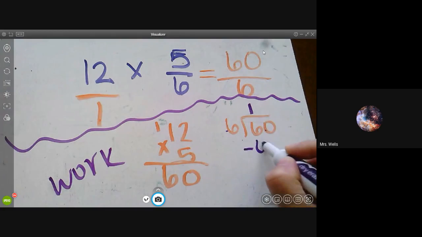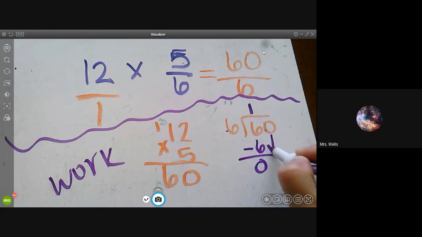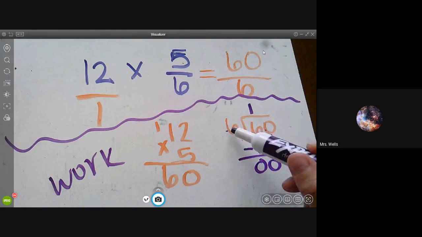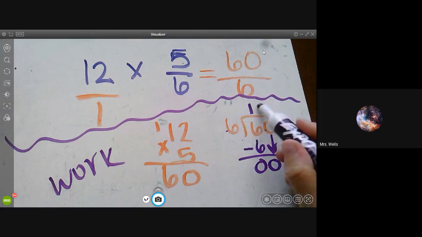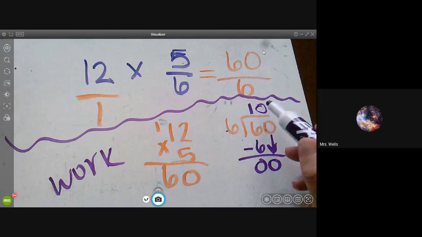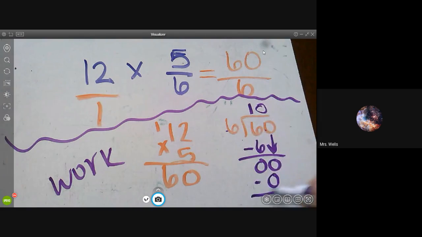I subtract that. I get nothing left over. I bring down my 0. And then I start my division process all over again. 6 goes into 0. 0 times 6 is 0. I have nothing left over and nothing else to bring down. So my answer to this is 10.